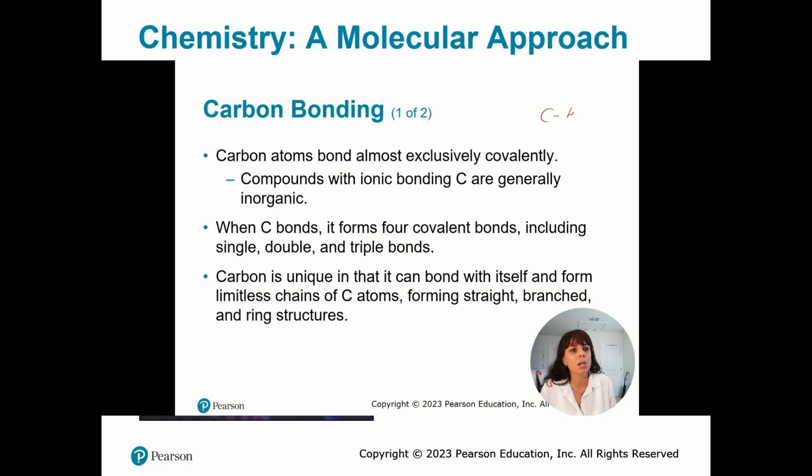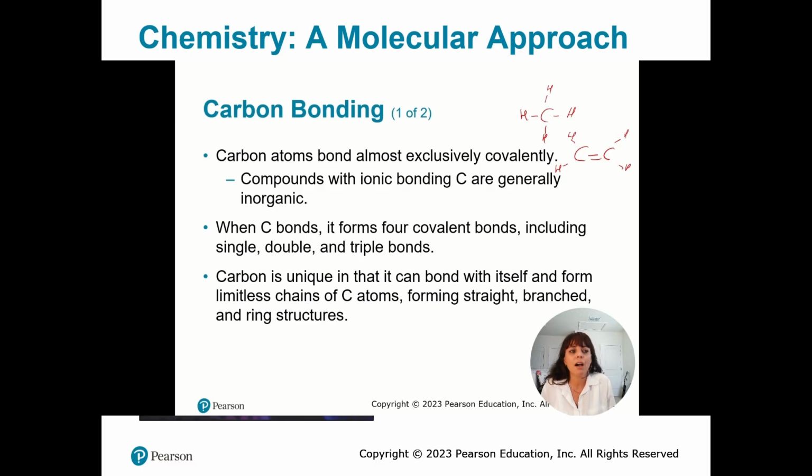It could be carbon with hydrogen for single bonds, or carbon with carbon and more hydrogens, right? 1, 2, 3, 4. The most important thing here is stability. To be stable, carbon needs 4 bonds. Carbon is unique in that it can bond with itself and form limitless chains of carbon atoms.